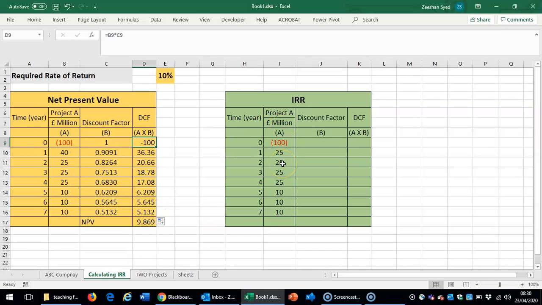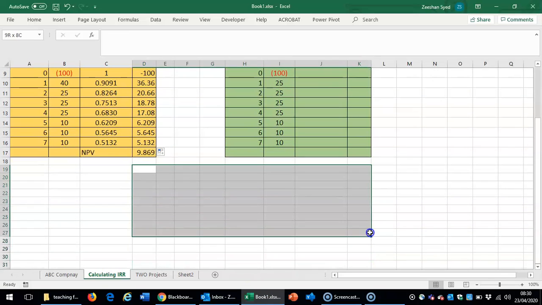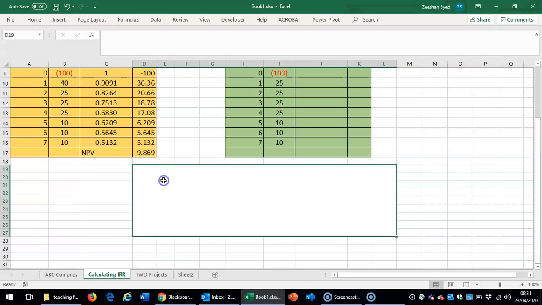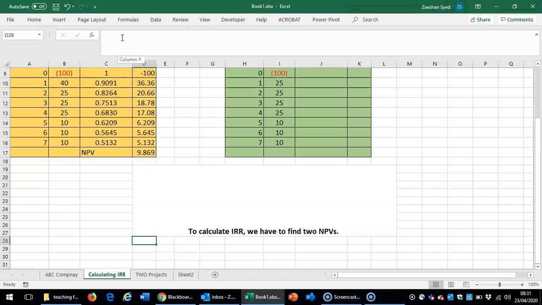So to calculate IRR, remember this rule. To calculate IRR, we have to find two NPVs.